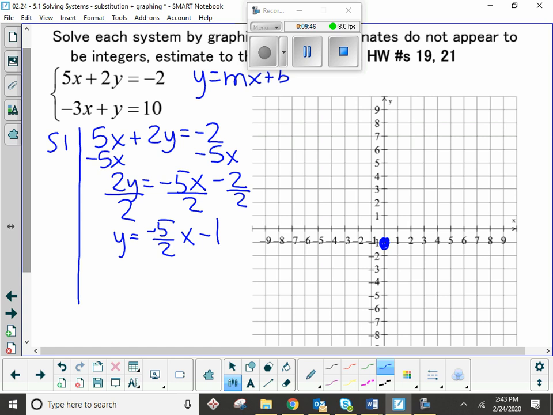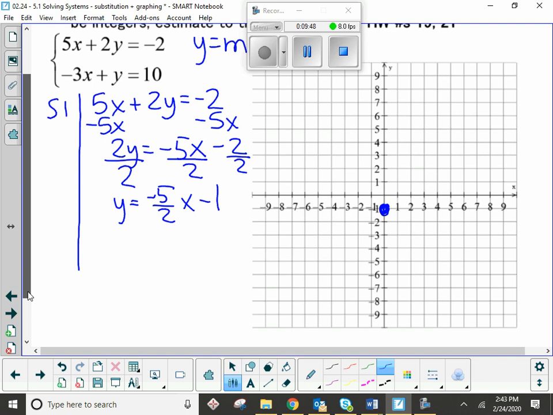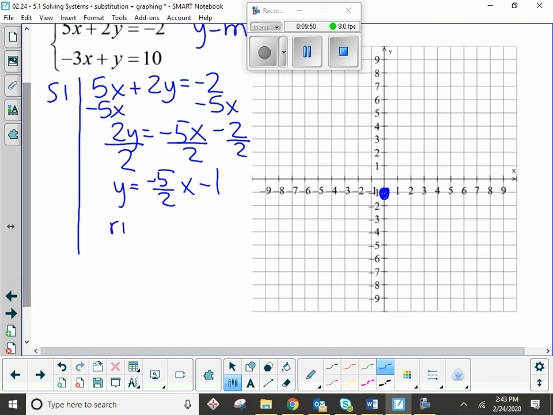Now here's how you use the slope for your second point. The slope is the negative 5/2. What does negative 5 in the rise direction mean you're going to do? Down, right? So the negative means go down. And a positive 2 in the run direction, run is left to right, and you're going to go right 2.